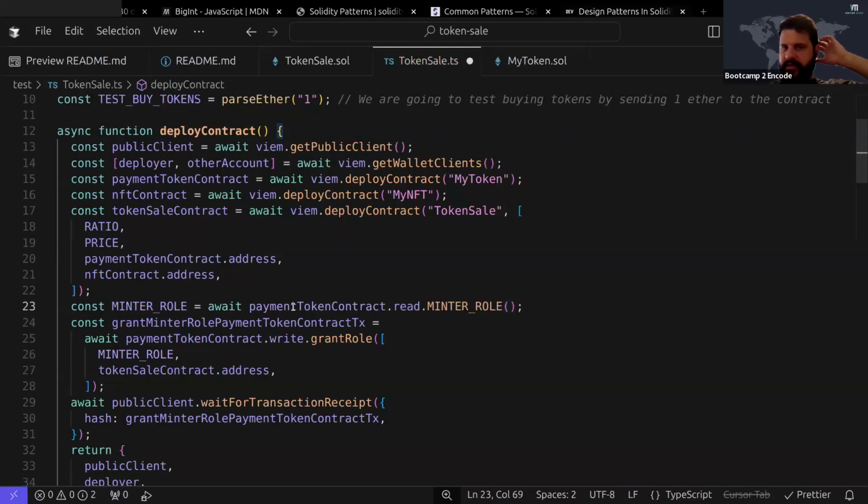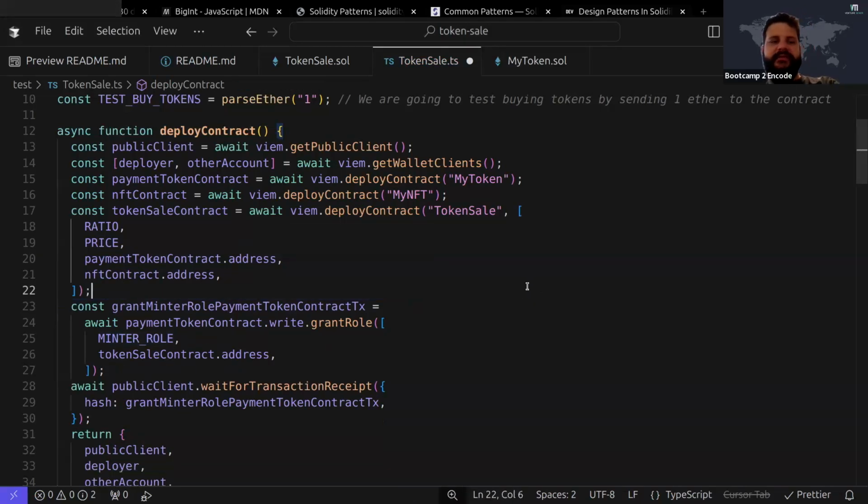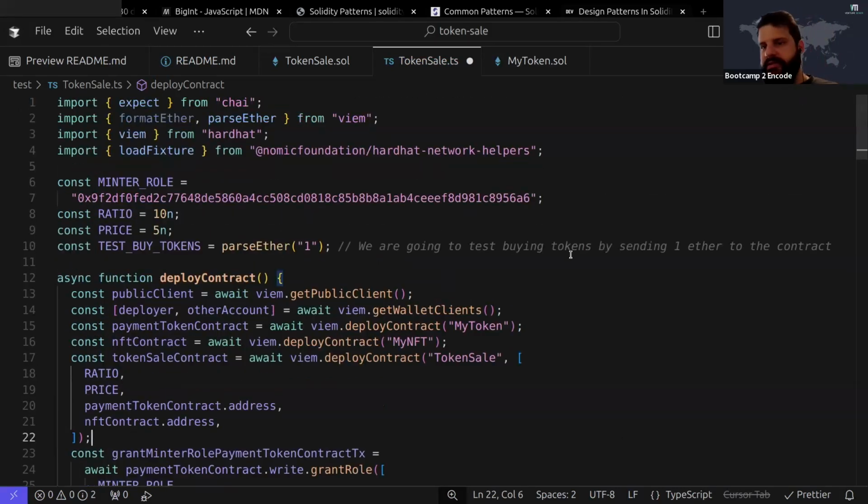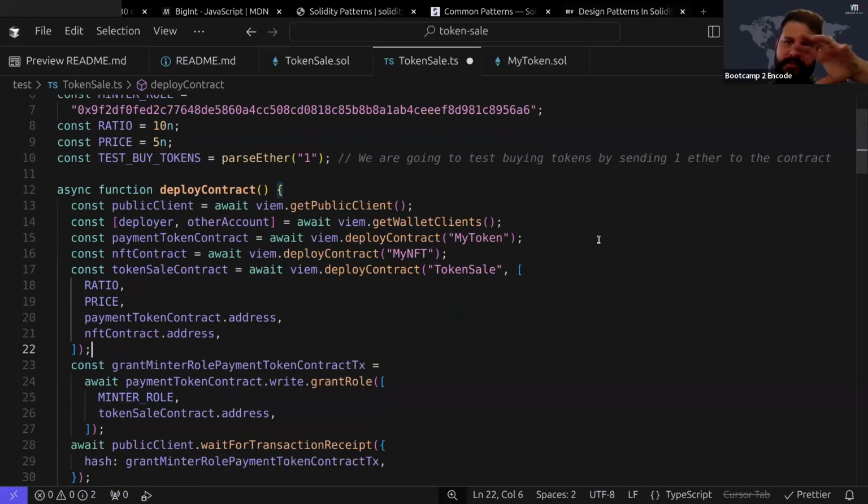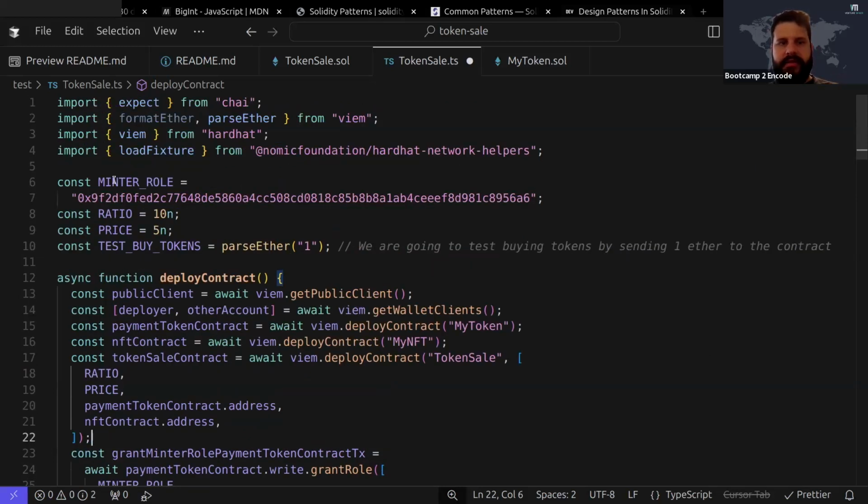You can do it like that if you want. It's not an address, it's a hash. Then you can declare this minter role like this. It's going to be one extra read, a few milliseconds wasted, so you can just hard code it because it's not going to change. But if you want to make it very structured, you could do that. Okay. And this is the role.